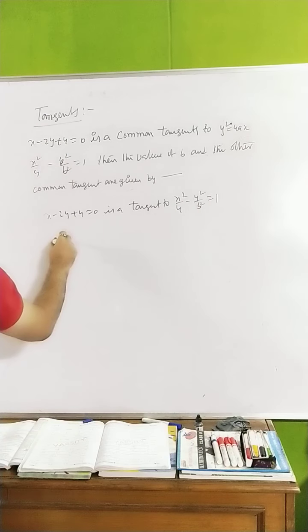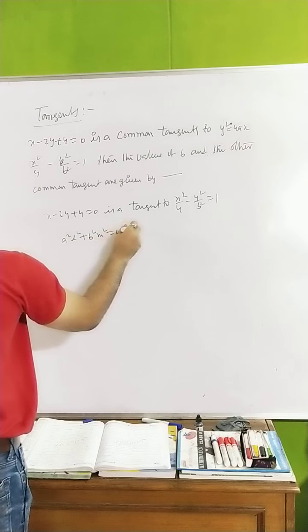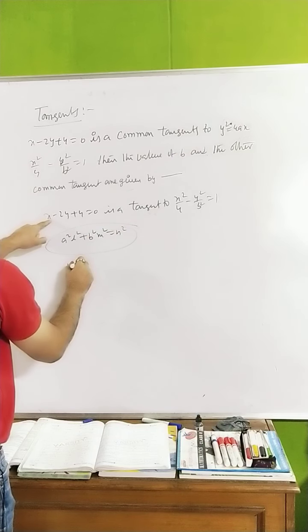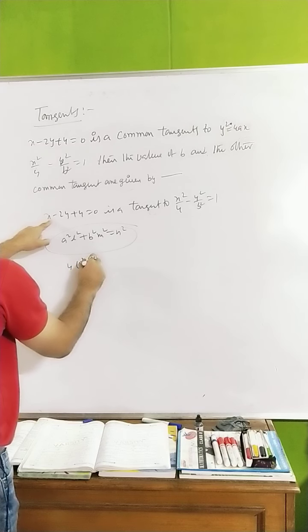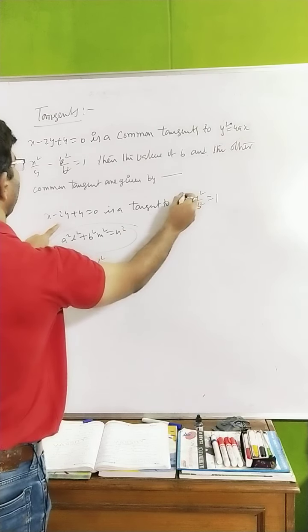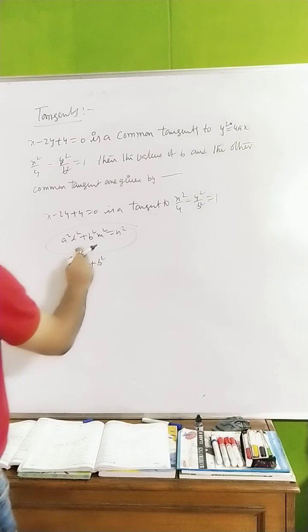We have the formula a square l square plus b square m square is equal to n square, and by using that, a square is 4, l square is 1 square, right? B square we don't know that. Okay, we don't know the b square.